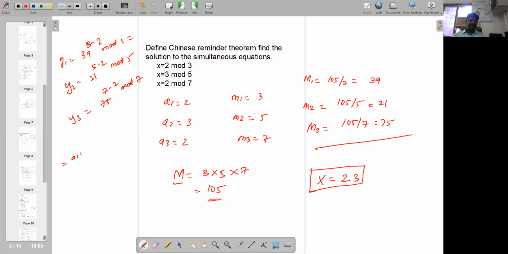Finally, a1 m1 y1 plus a2 m2 y2 plus a3 m3 y3. You will get capital X.